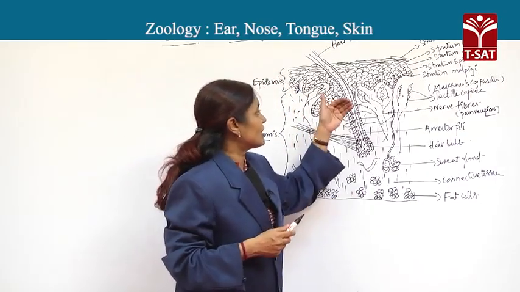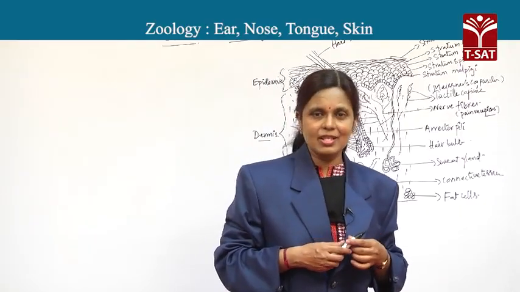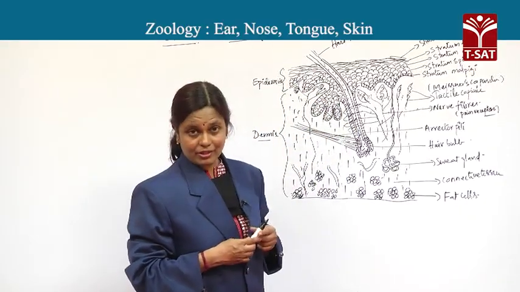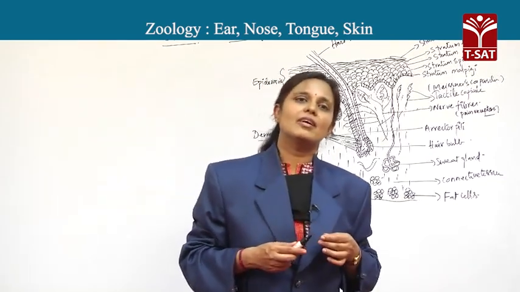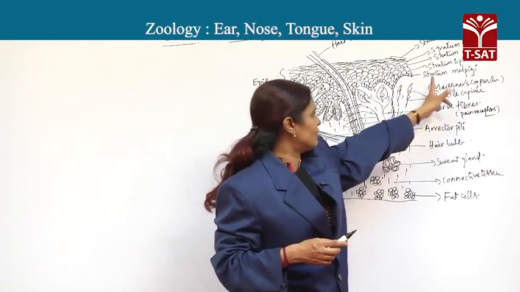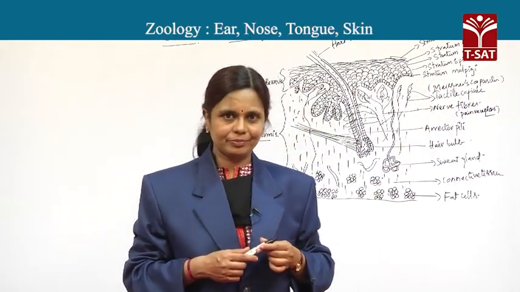Previously, we studied this stratum corneum as a layer of dead cells, but now people say that they are not dead cells, though there is no nucleus, but they are living cells and secrete specific hormones as well that control the rate of cell divisions by the stratum Malpighi.